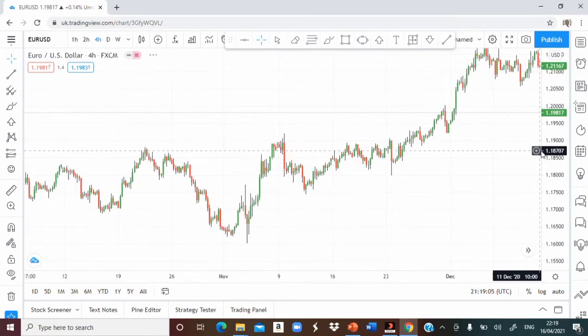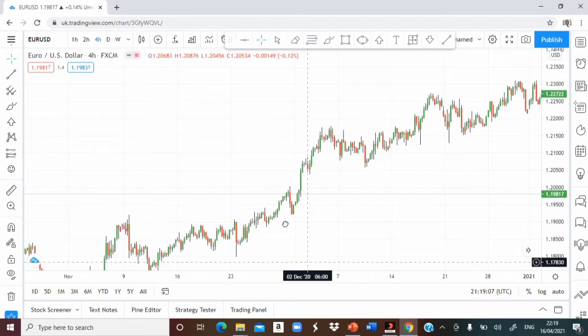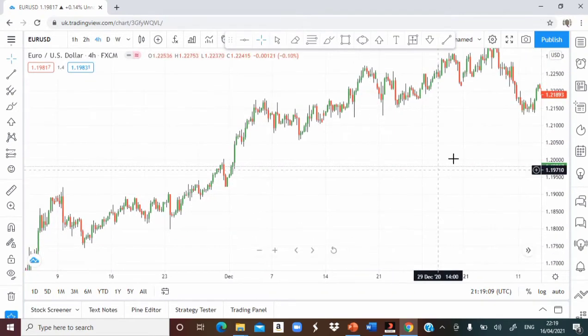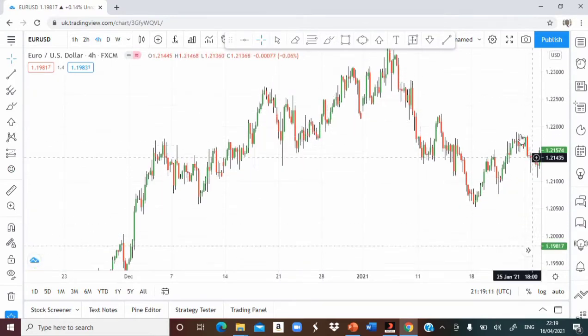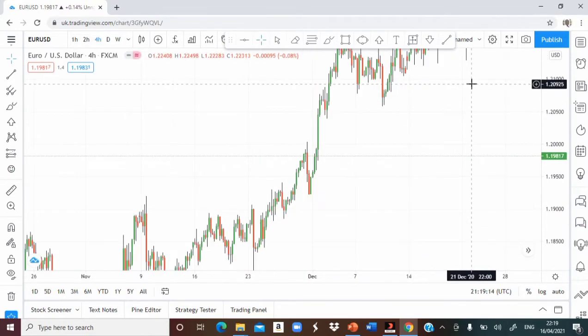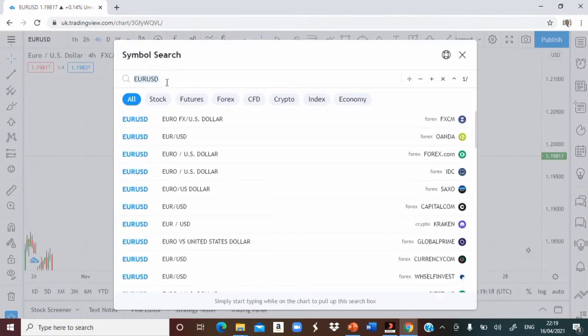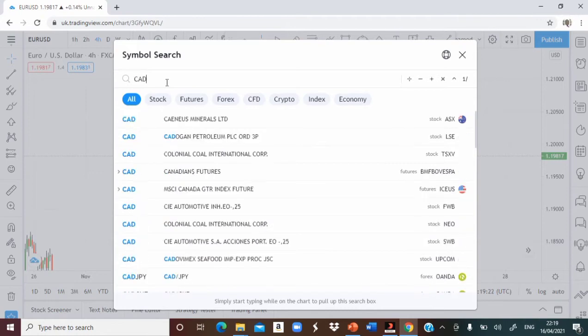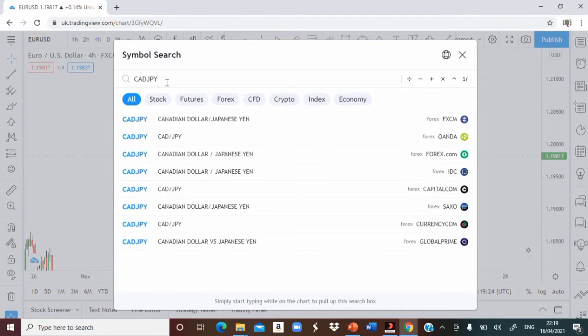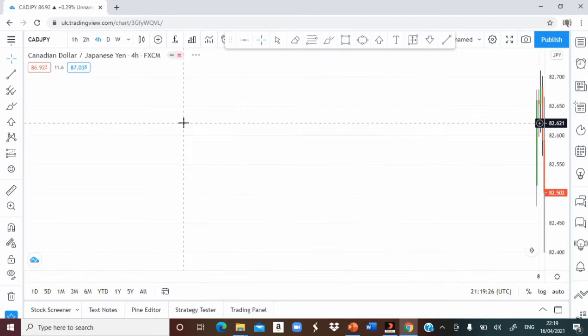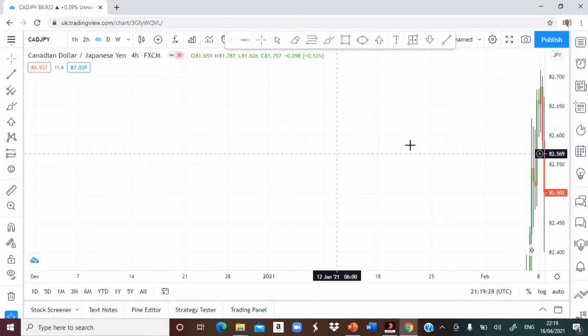I want a good trending market that we can play with. Okay, let me go to my favorite again, CADJPY. Let's see if we can find a market that is trending.